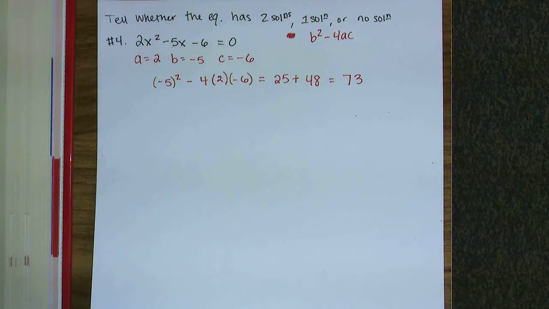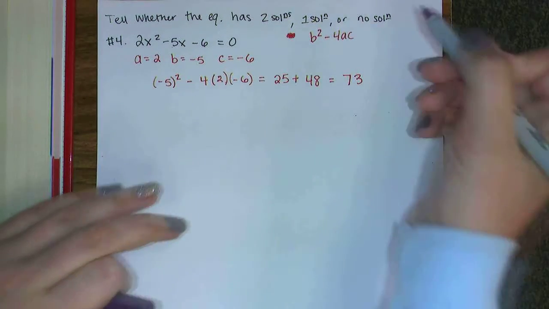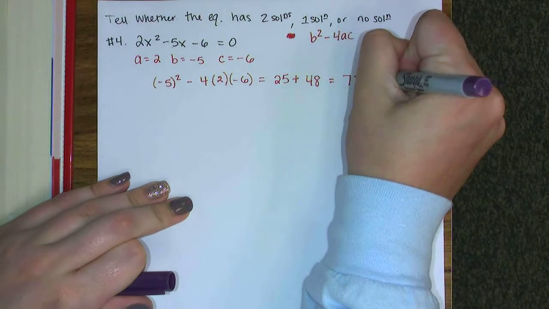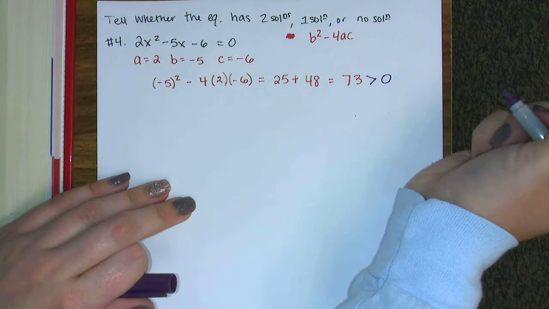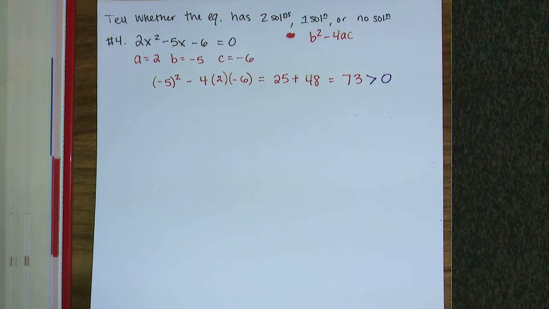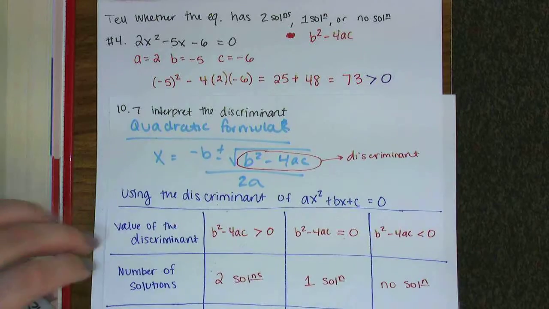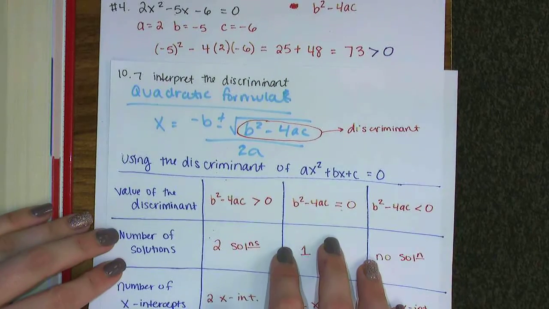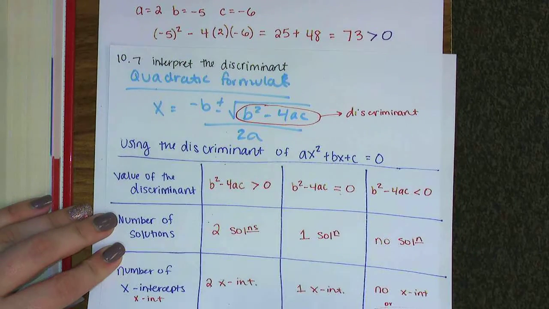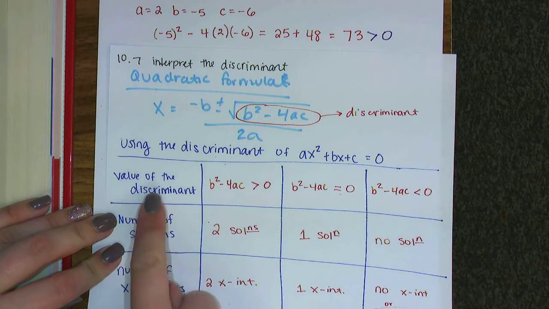Now, the important part here, this is greater than 0. If it's greater than 0, let's come back over here and look. Value of the discriminant.